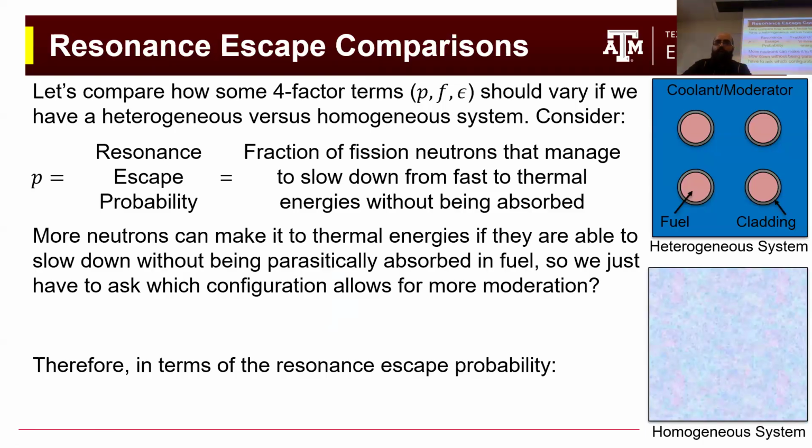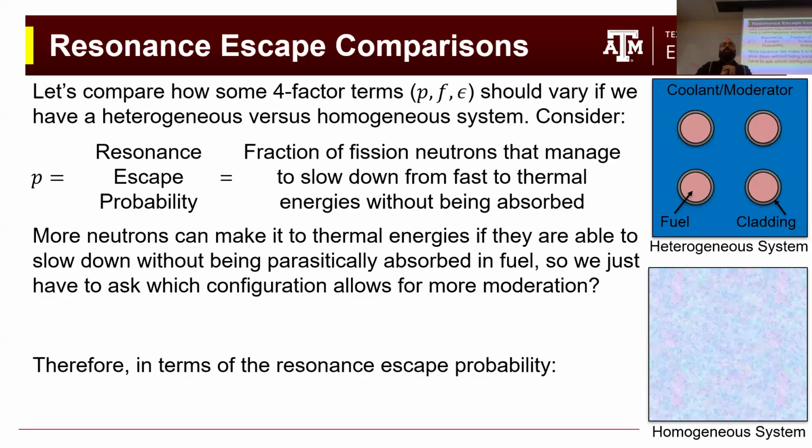So what I wanted to do was talk about how to think about these four-factor terms if we have a heterogeneous versus a homogeneous system, and in which situations these quantities will be larger or smaller. Take the resonance escape probability, the fraction of neutrons that manage to slow from fast to thermal without being absorbed. For neutrons to make it to thermal energy, they need to slow down in the moderator without being absorbed in the fuel.